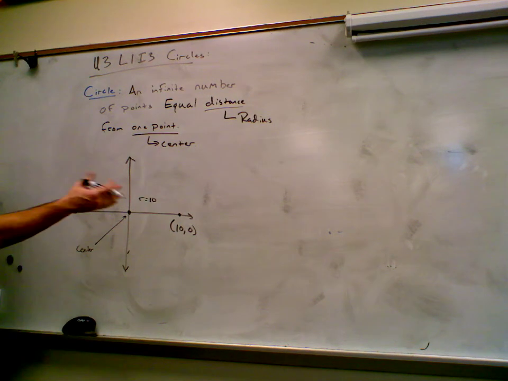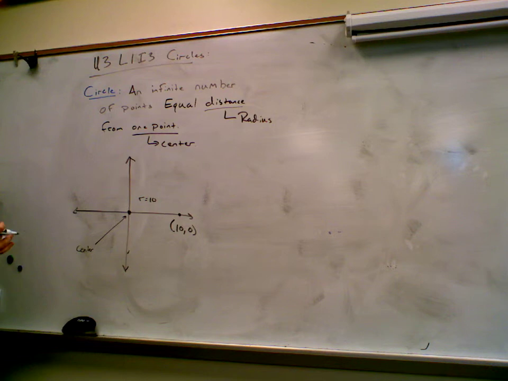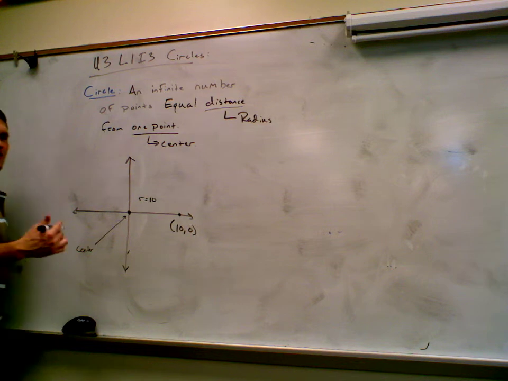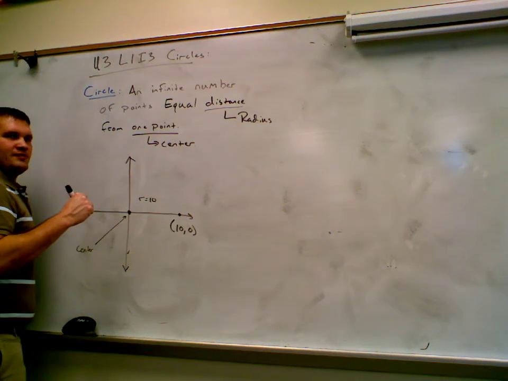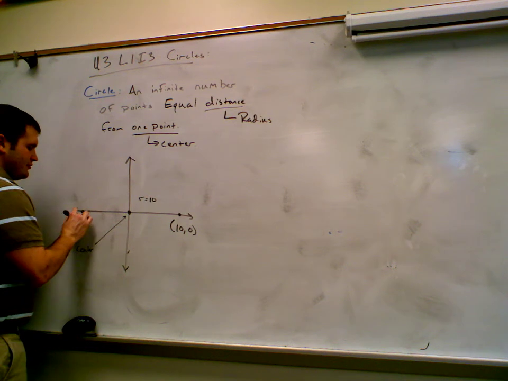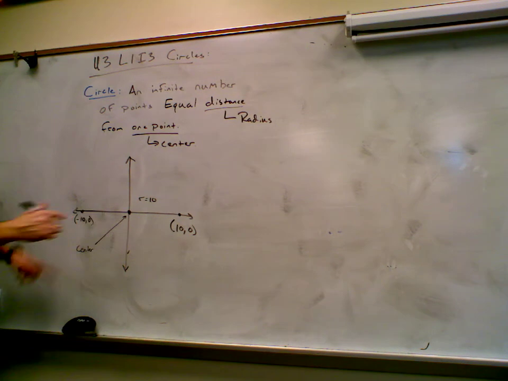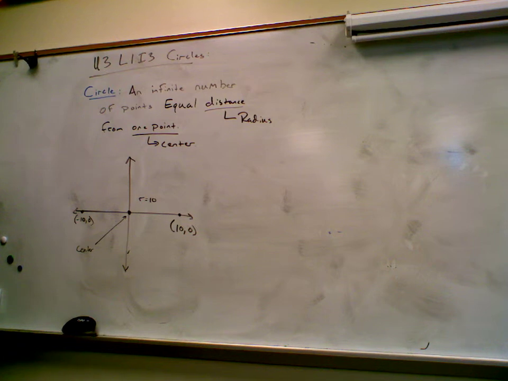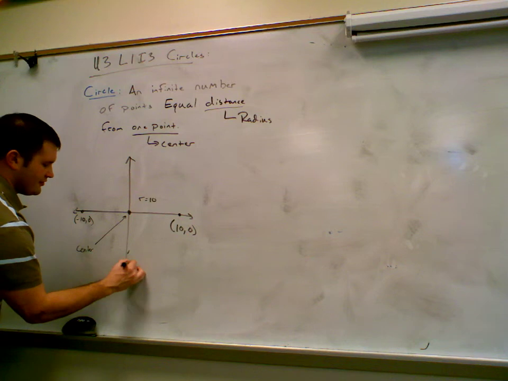What's another point that will be on the circle? If I'm 10 this way, I'm on the circle, right? Okay, so negative 10, 0. Okay, so that's on our circle. Yep, the diameter is twice the radius, which would be 20. Okay, what else is on our circle? Okay, good. 0, negative 10.